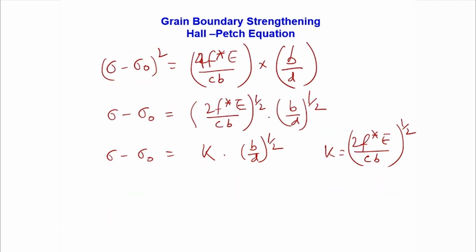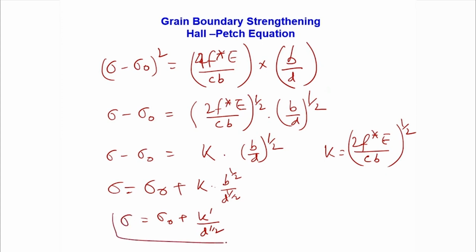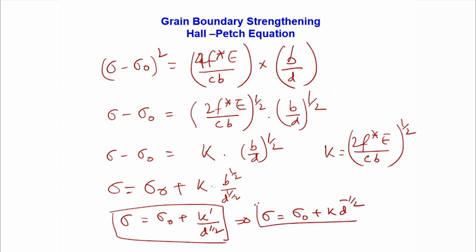So then we can write down sigma is equal to sigma 0 plus K B by D to the power half, correct. In many cases people write sigma is equal to sigma 0 plus K D to the power minus half, and that is the Hall-Petch equation.